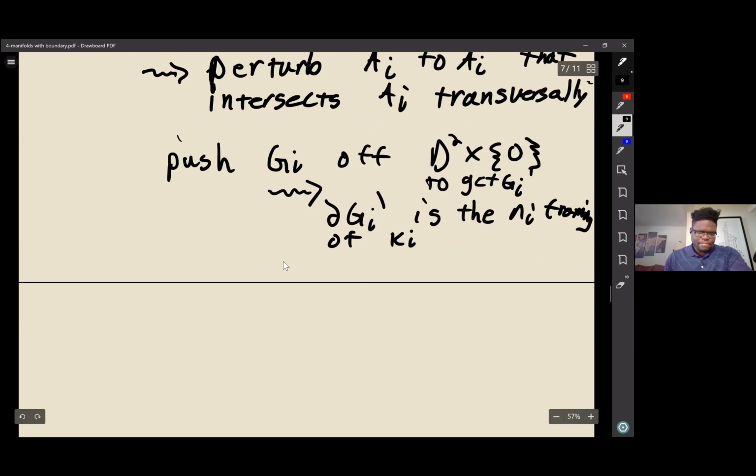Once we push G_i off of itself to get G_i prime, these two parallel copies of the core of the two-handle are going to be disjoint.